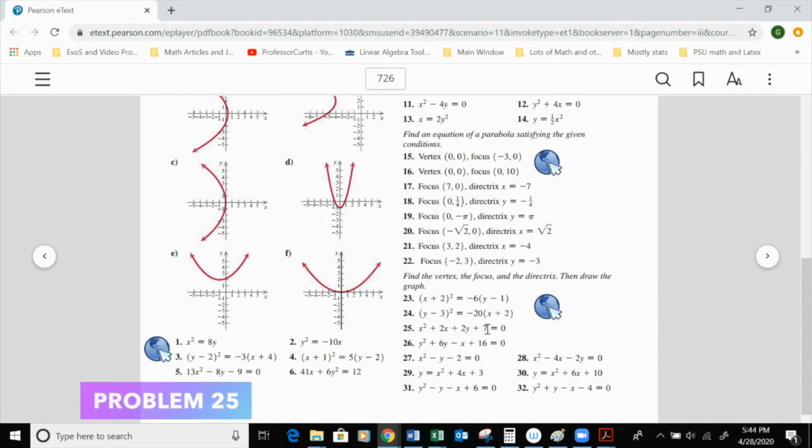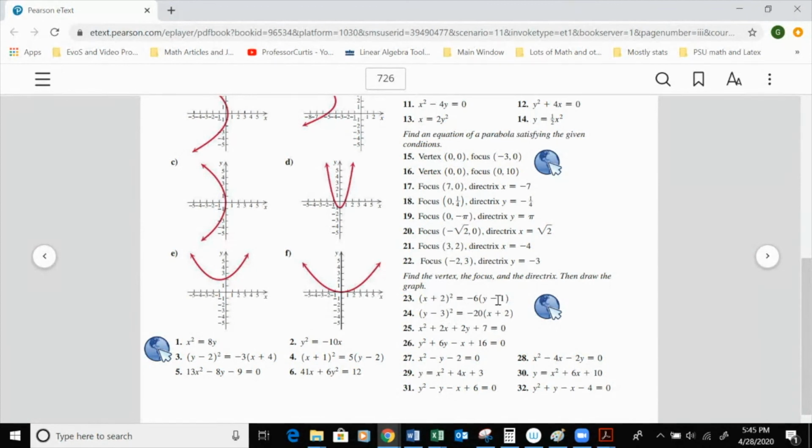If you have one like this, x squared plus 2x plus 2y plus 7 equals 0, well, this is a little bit more work. And the reason is, this one, it's easy to find the vertex of the parabola. It's at -2, it's at positive 1 because I'm taking the negative of this.